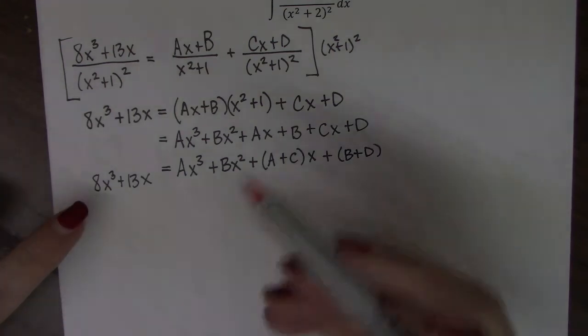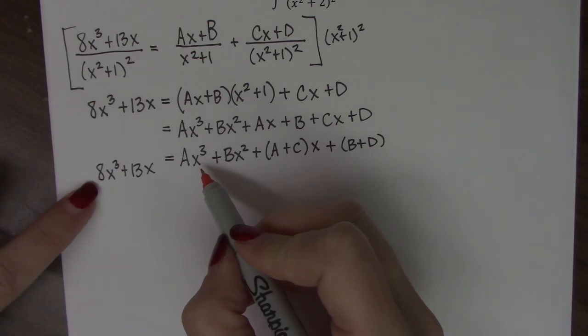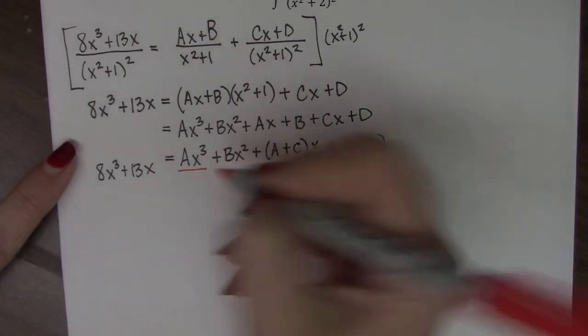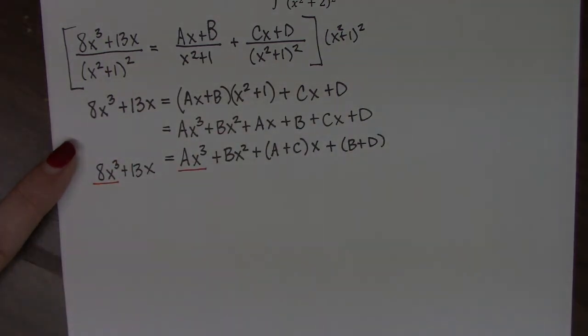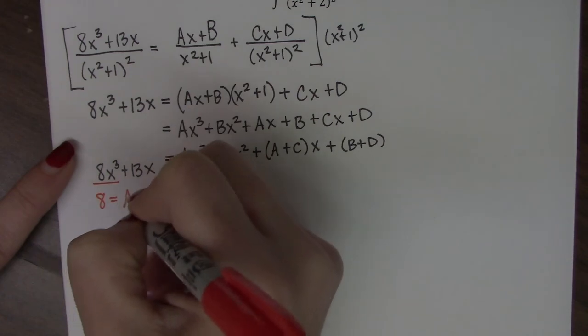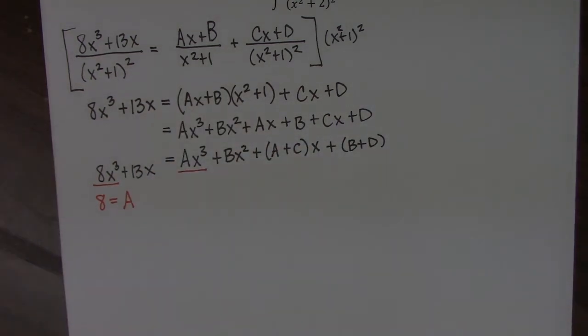So we'll start with the highest power of x. We have our cubics. Over here I have an 8x cubed and an ax cubed. So that means this term and this term have to be equivalent, so I can set their coefficients equal to each other. So a is 8, right?